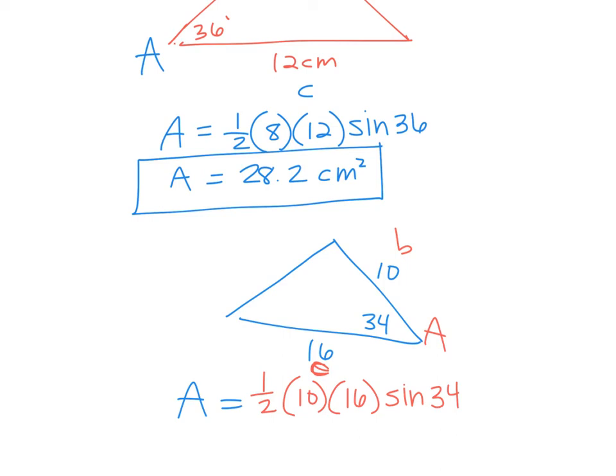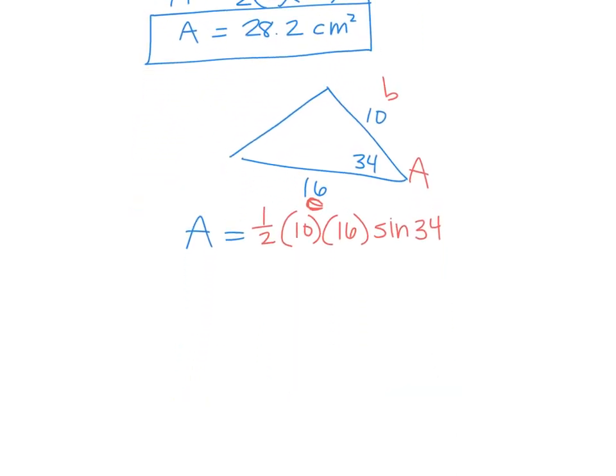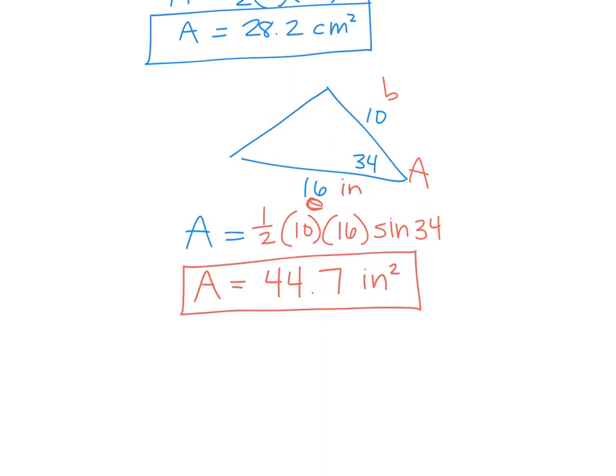If you have SAS in a triangle, it's 1/2 BC sine A, okay? Should be the easiest problem on the test, and somehow, I think with so much information, with all the other formulas, people just forget. So don't forget that you have this SAS formula. This should come out to 44.7. We're going to pretend I wrote inches and call this square inches. Okay? Questions?